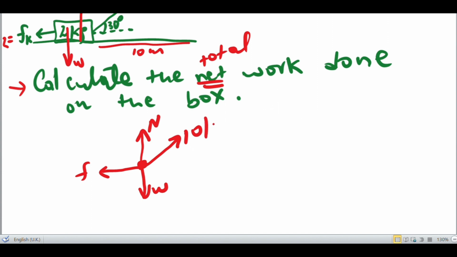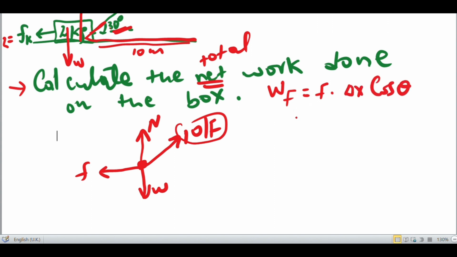So we are going to start with work done by the force applied. Now the angle between the displacement and the force is 30 degrees. So the work done by the force applied will be the force applied times delta x cos theta. The force applied is 10, then the displacement is also 10, cos the angle, which now is 30 degrees, not 0.